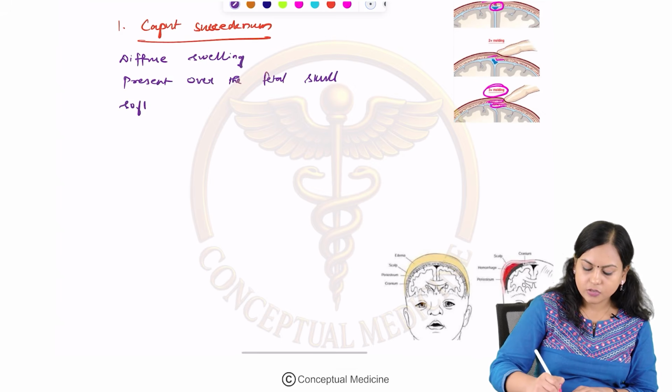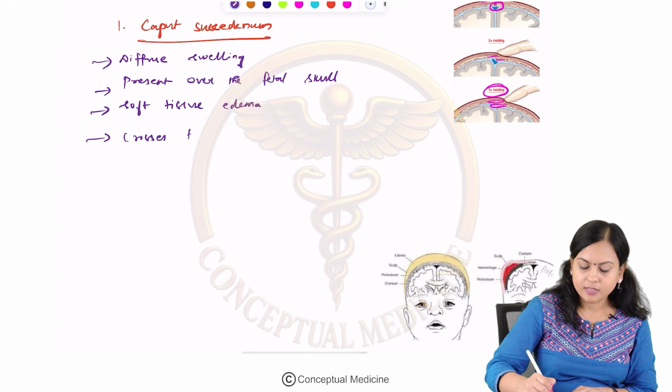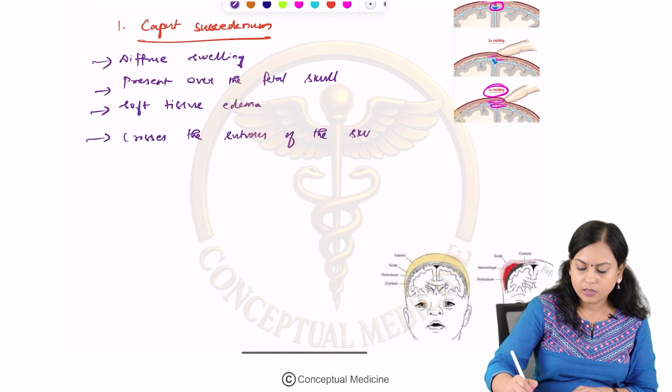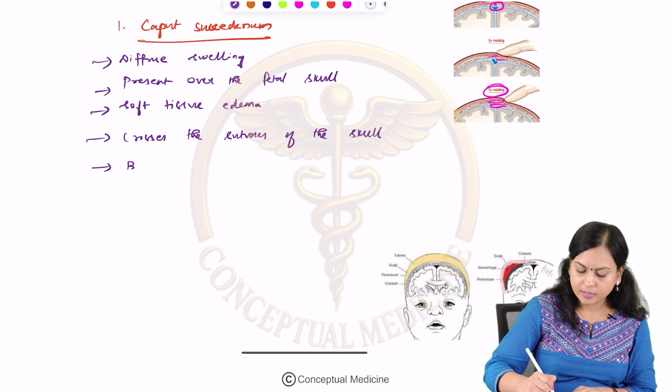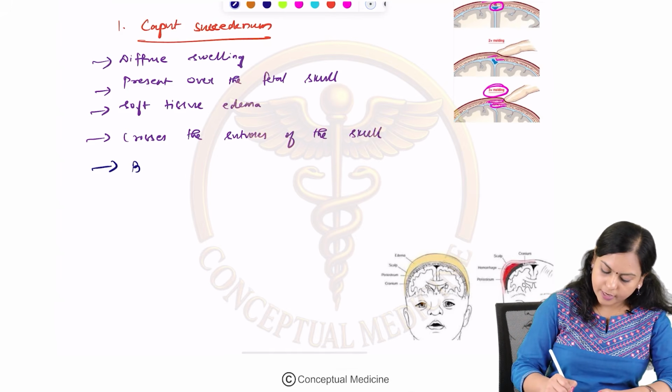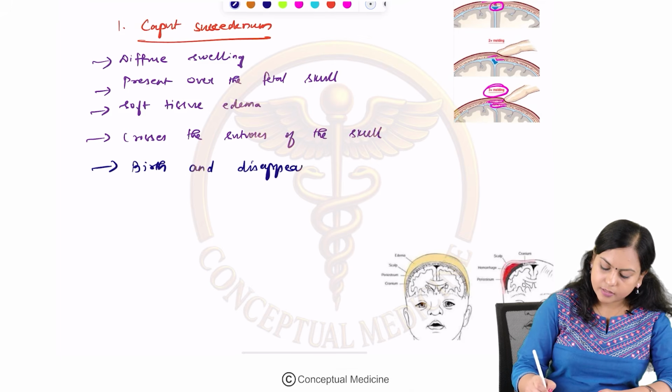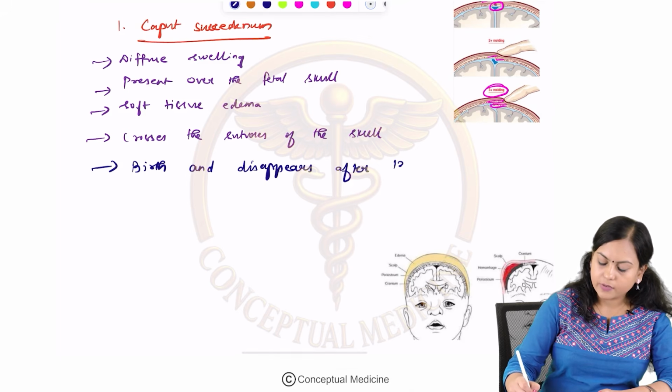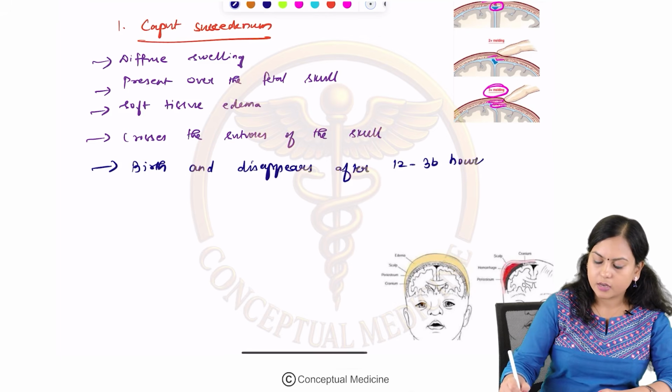Basically, this is a soft tissue edema and it crosses the sutures of the skull. It will be present at birth and it will go away in a few hours. Okay, this is present usually at birth and disappears after 12 to 36 hours.